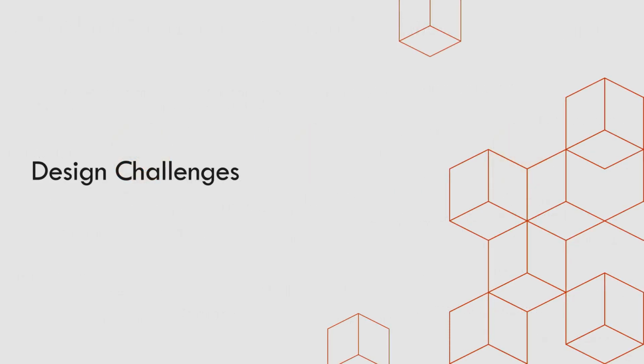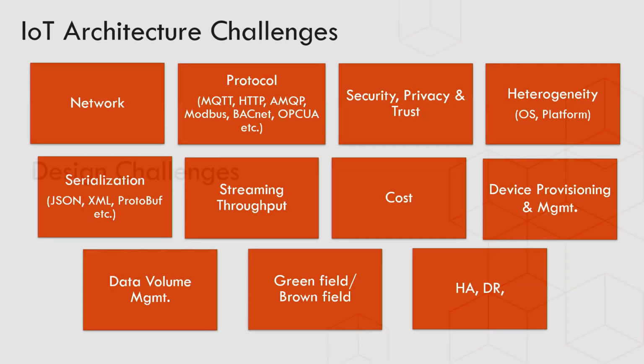So what are the design challenges in building an IoT solution? Network is a very key factor. We're innovating heavily to solve the challenges related to the network of an IoT device. If you think about IoT Edge, the intelligent edge, we're innovating just to solve the problems related to network. Your devices could be connected in a network which is shady, on and off, may not be always available.